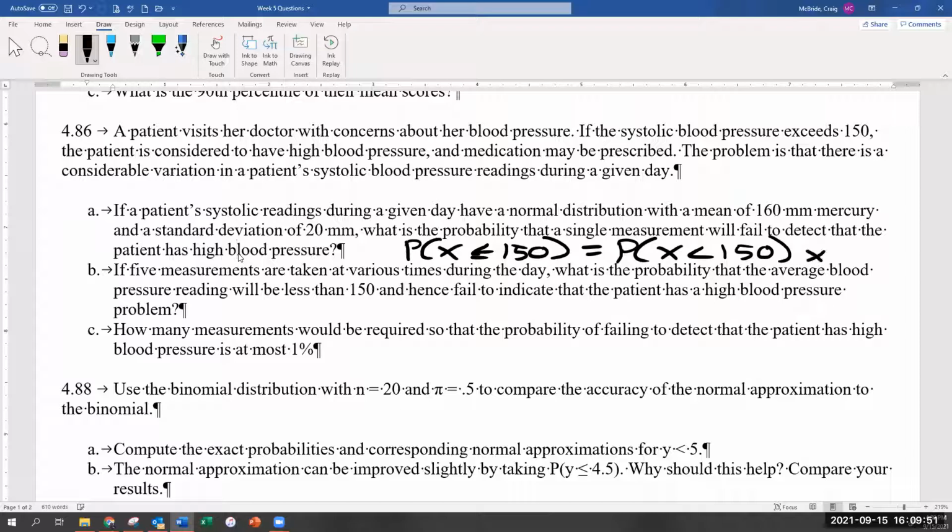We just now know that the X that we're going to use in our computations is going to be 150, because that's the cutoff. That's what we're caring about. And because it's a less than, again, draw pictures, guys, so that you can figure out what they're asking. Here's my 150, and we're looking for everything below it. And that's good, because that's what a CDF gives us, right?